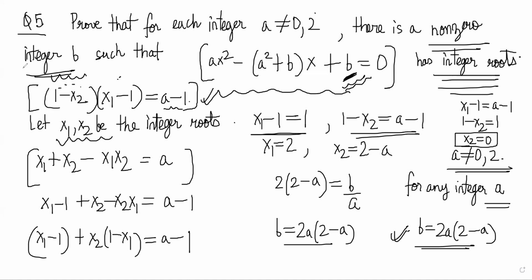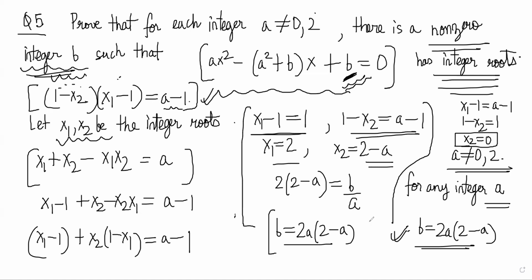But we wanted a non-zero integer, so in that case it won't work. But in the other case, the roots come out as 2 and 2 minus a, and as long as a is not equal to 0 or 2, we get b is equal to 2a times 2 minus a, which is going to be a non-zero integer. So that finishes the proof of the problem.